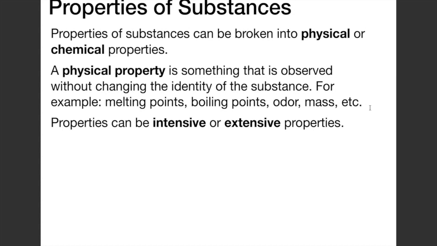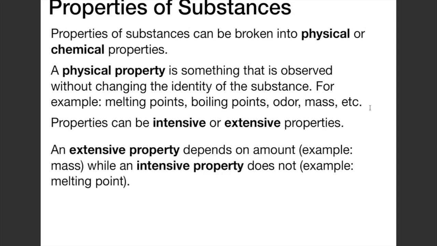Physical properties can be intensive or extensive properties. An extensive property depends on the amount that you have. So, for example, mass. You could have a kilogram of water, you could have 2 kilograms of water. That property is changing, but it's still water. An intensive property does not change.